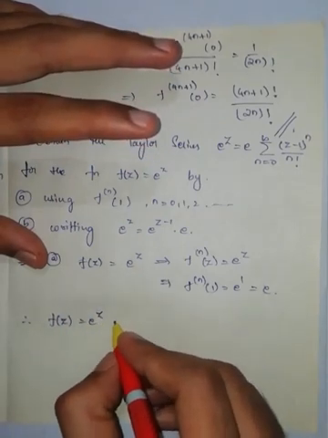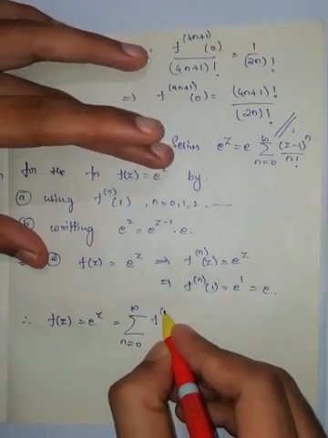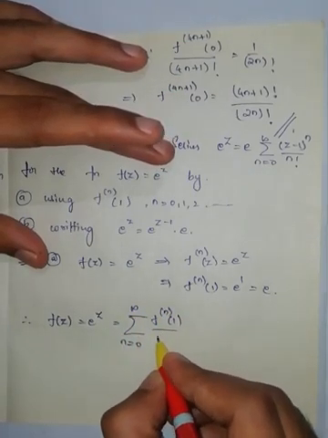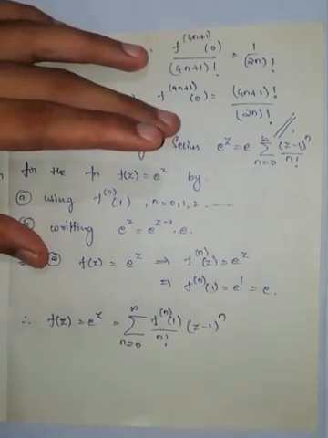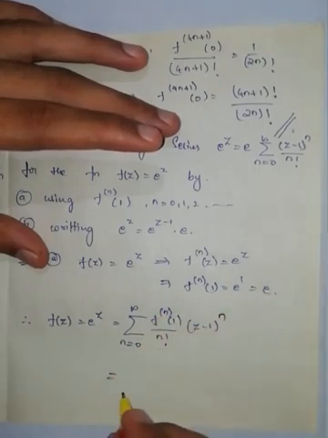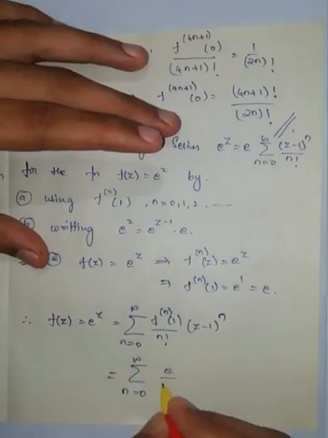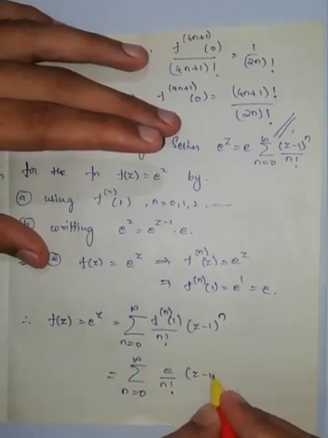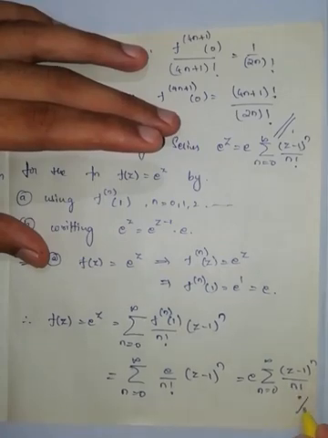From the Taylor series, this can be written as summation n is equal to 0 to infinity nth derivative of f at 1 by n factorial into z minus 1 to the power of n, which is equal to, since this value we got as e, e by n factorial into z minus 1 to the power of n, which is equal to e into summation n is equal to 0 to infinity z minus 1 to the power of n by n factorial.